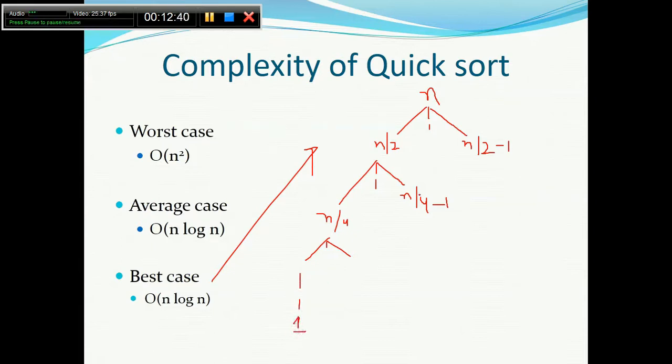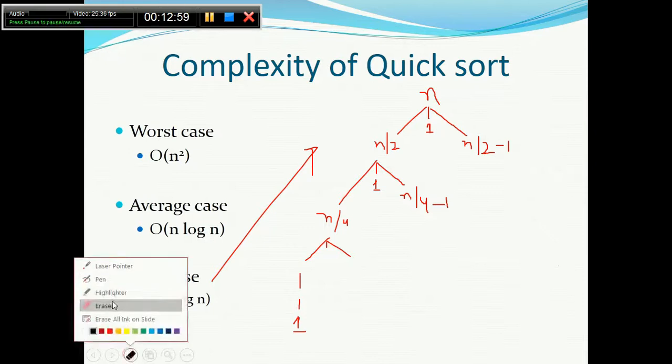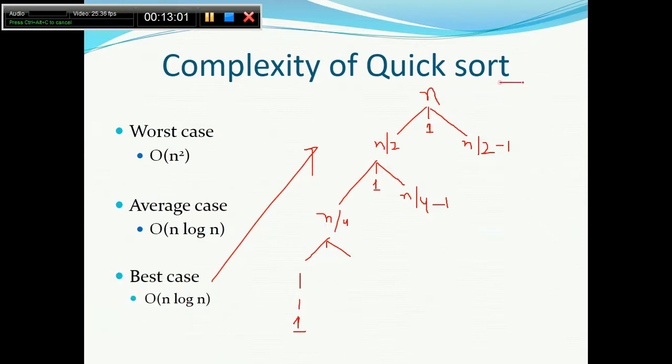In this case, this is the pivot element I am saying. How many levels does it have? We are already aware it is log n levels. The number of levels would be log n. So the overall complexity would be n, the cost of the partition at each level.